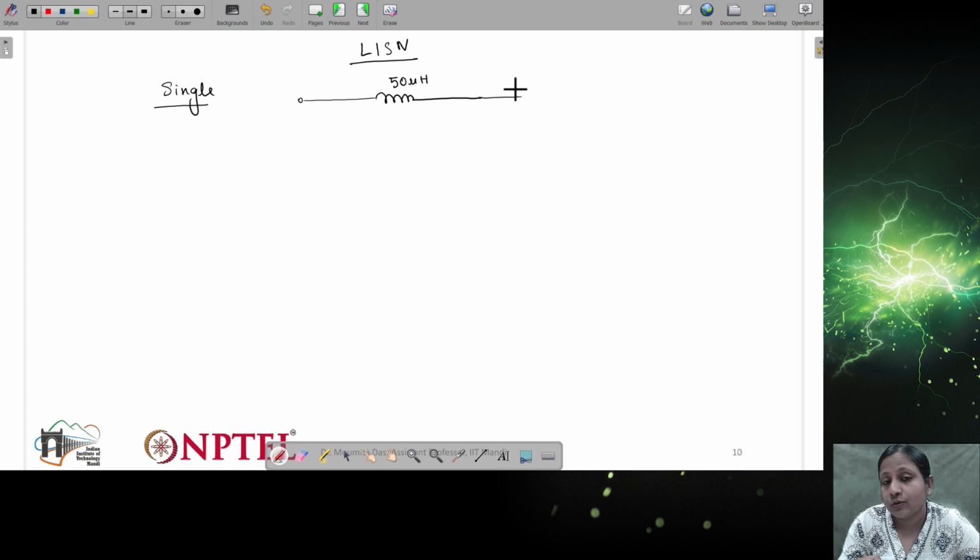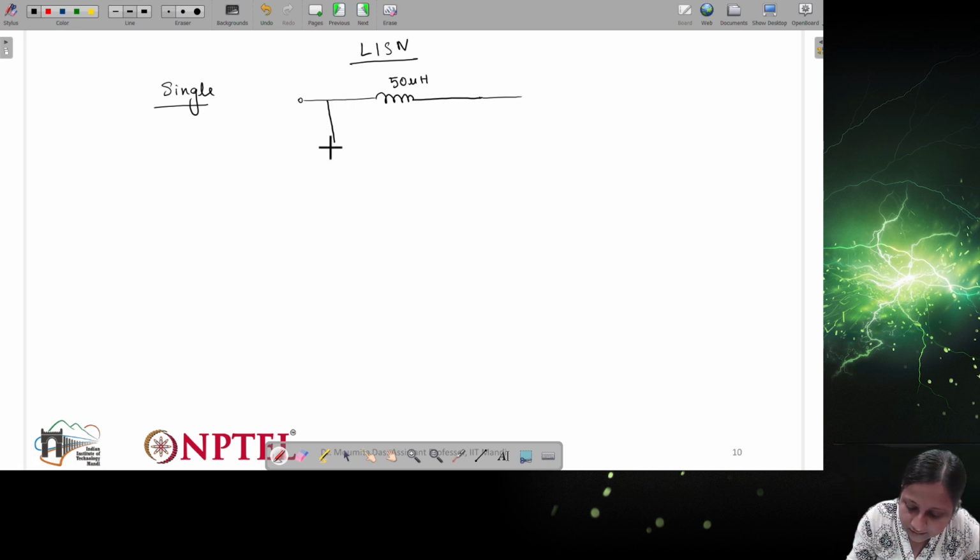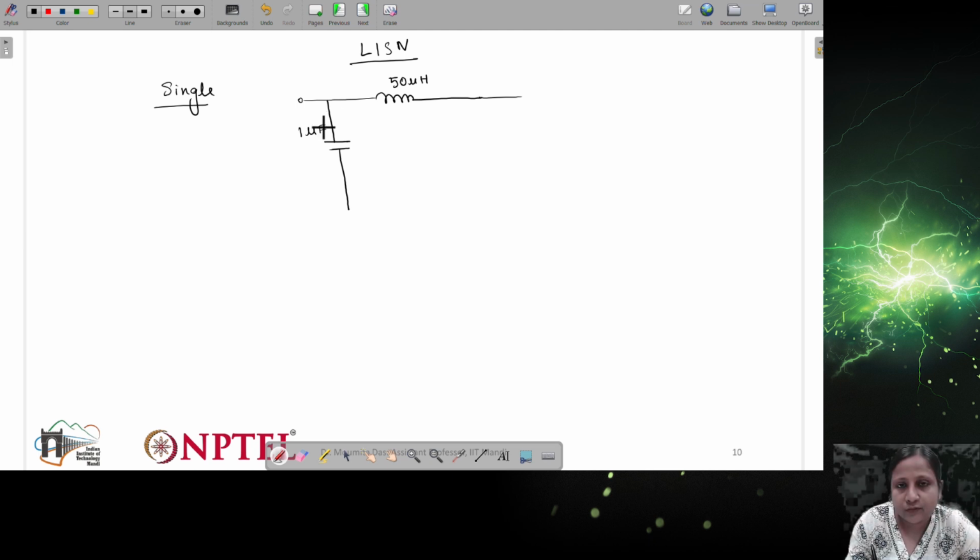But this is not the only parameter. It also has a capacitor of 1 microfarad. Now it can be connected to a very small value of resistance here, or maybe directly connected to ground.